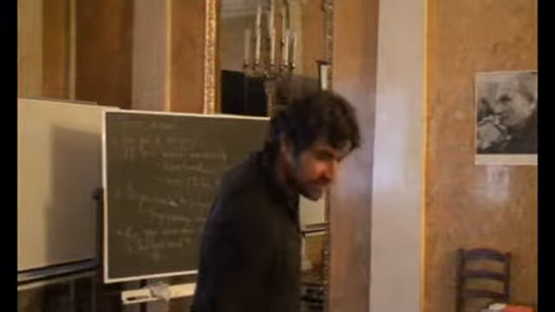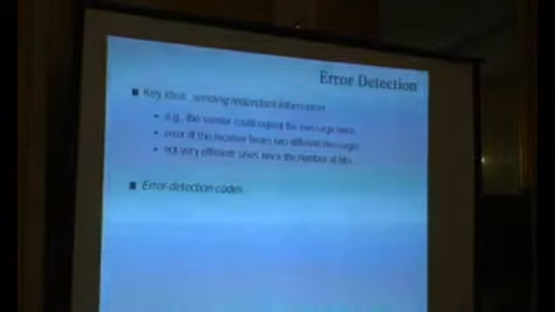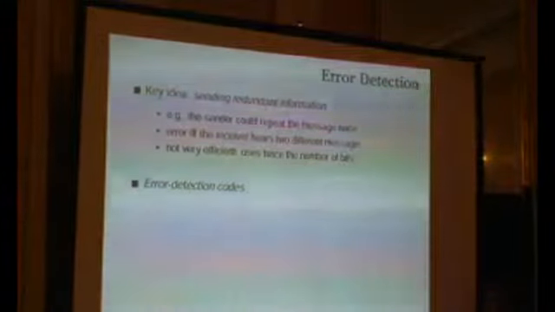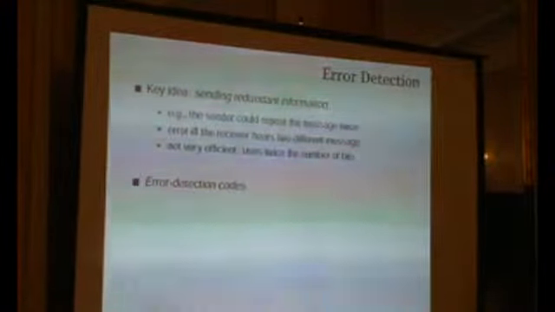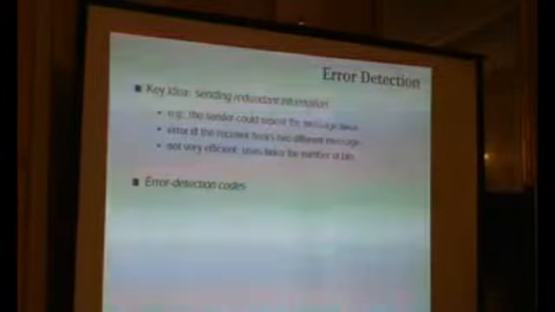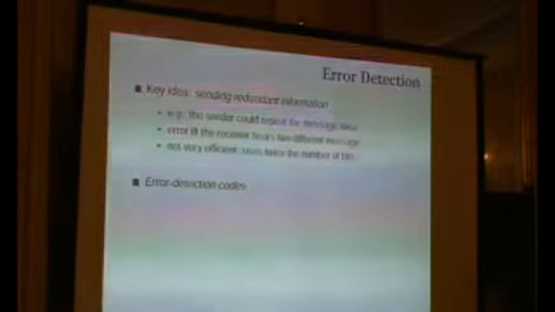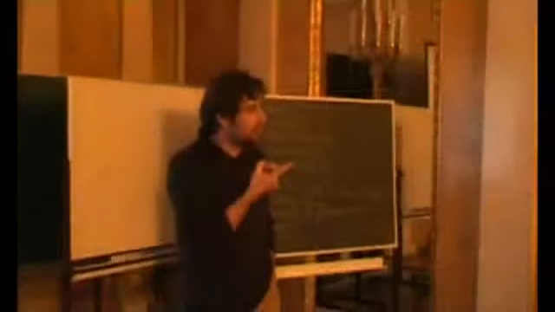For those of you who didn't read it, what's the easiest example of error detection? The parity bits. Hamming code, exactly. That's a sophisticated version of Hamming codes. They're also error correcting codes, right?